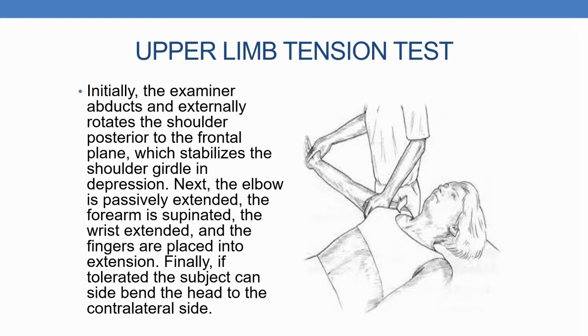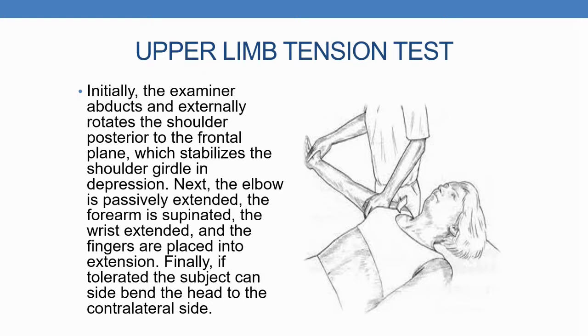After the fingers are finally extended, if there's no reproduction of upper extremity radiating symptoms, and if tolerable, you can then put the final stretch on those neural tissues by asking the subject to laterally flex their cervical spine away from the limb being tested, thereby completing the stretch on the neural tissues.